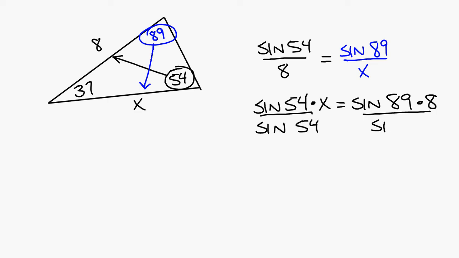Your sine 54s cancel. Your x falls down. And the rest of it is a calculator problem. Sine 89 times 8 divided by sine 54 equals 9.9.